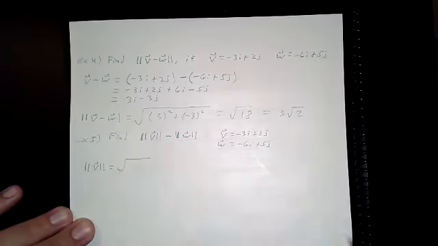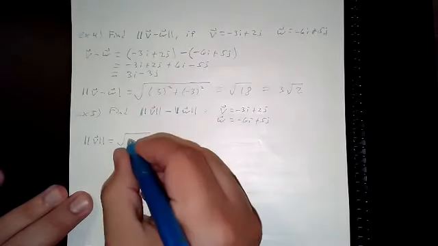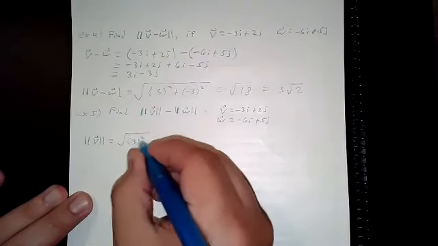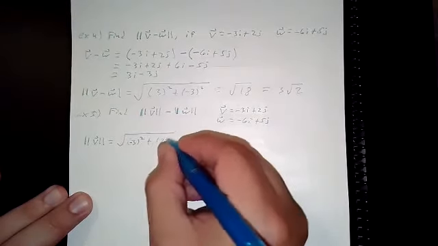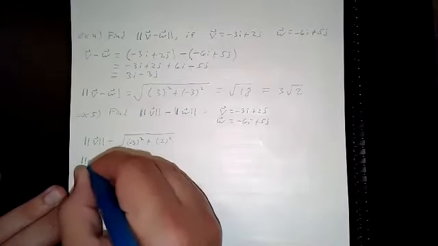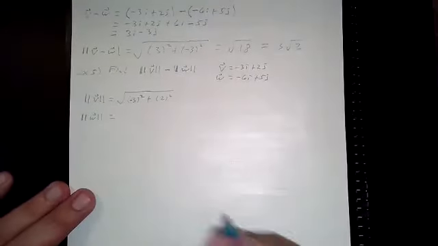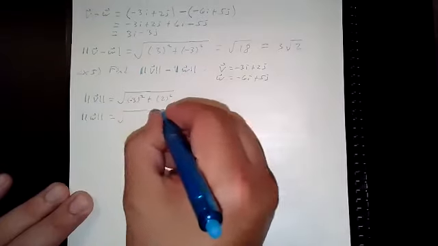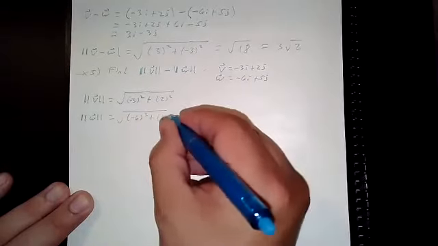So let's find the magnitude of them separately. So this will be, again, a 3 squared, negative 3 squared, plus a 2 squared. And then the magnitude of w, that will be negative 6 squared plus 5 squared.